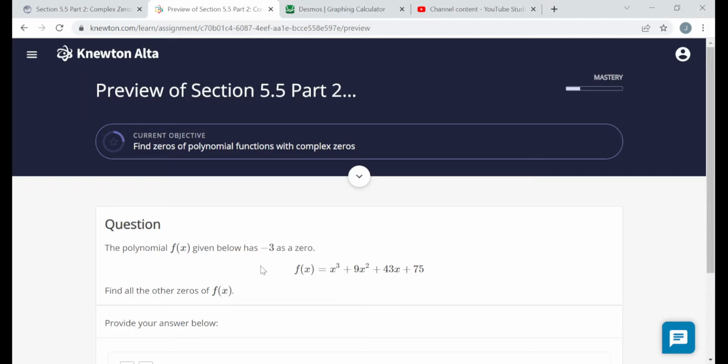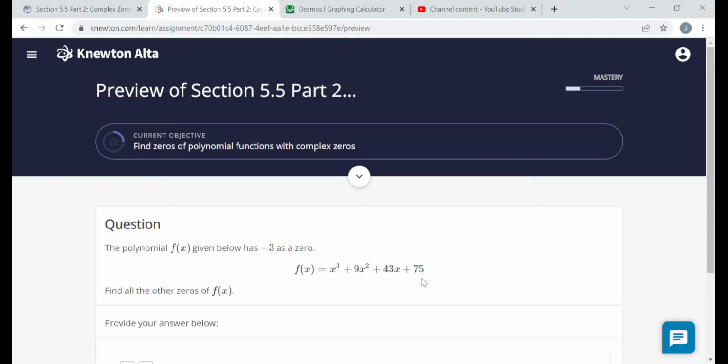Alright, so once again, we're given a zero. Now, normally, if you're given a polynomial with integer coefficients, notice all the coefficients are integers, 1, 9, 43, and 75, you can apply the rational zero theorem. Make a list of possible rational zeros, and then you start checking the numbers on that list until you find a zero, and then you go factor.